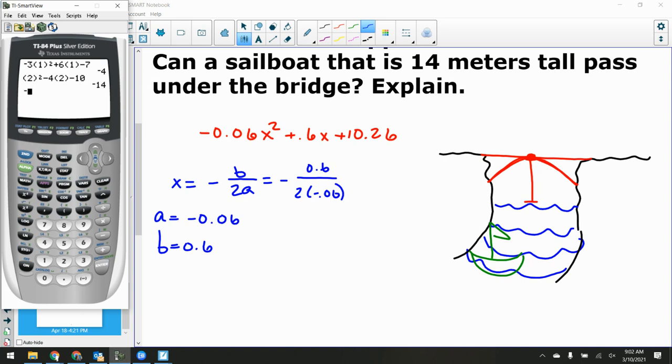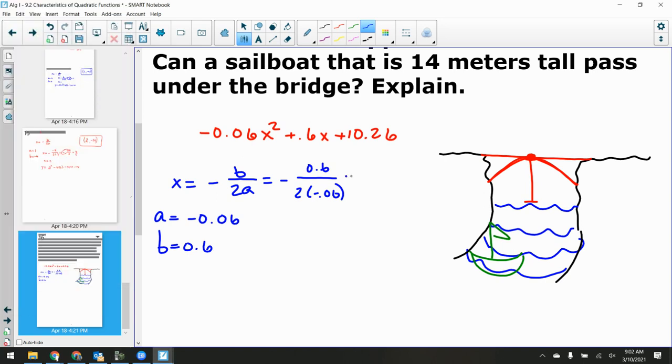I've got negative 0.6 divided by, and I'm going to put this in parentheses, 2 times negative 0.06. I'm going to get, oh, that's not messy at all. 5. Well, that's the x value. Oh, yeah, you're right. The y value is the height.